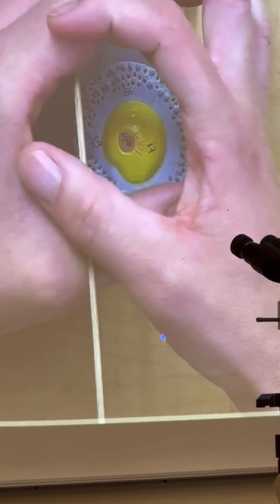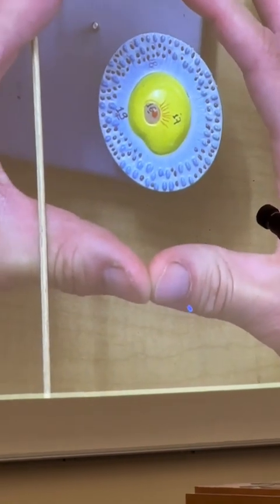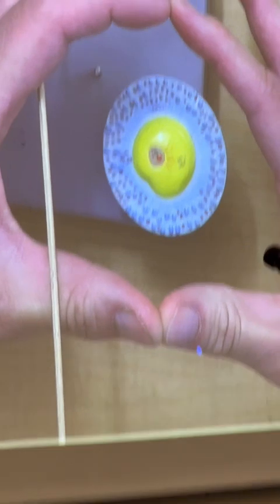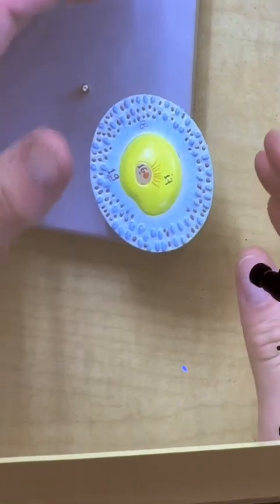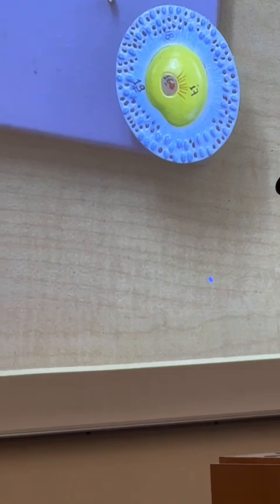And what that does is it sends up a second barrier, and that is actually impenetrable by sperm. So it sends up a second barrier preventing any other sperm from fertilizing it. And the really cool thing about the cortical reaction is we can actually see it happening in real time. Let's go back over here really quickly.